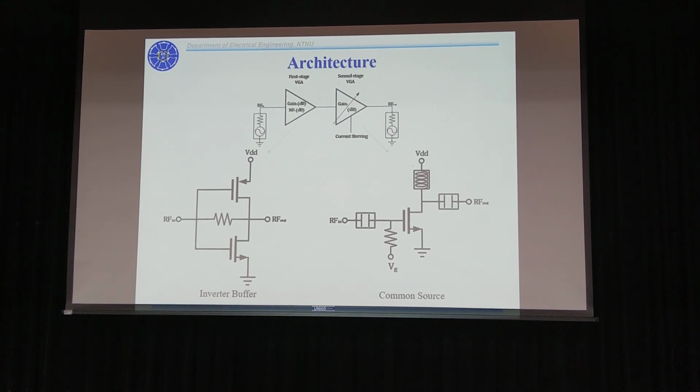The two-stage architecture of this VGA will choose between the common source configuration and the voltage buffer configuration. Ultimately, after analysis based on maximum gain stability and minimum noise figure, the common source configuration offers higher gain and lower noise.